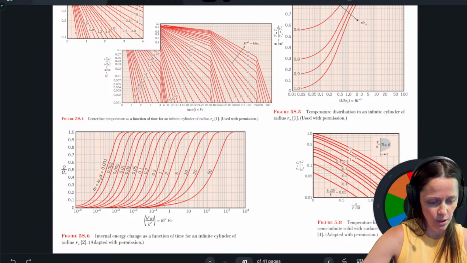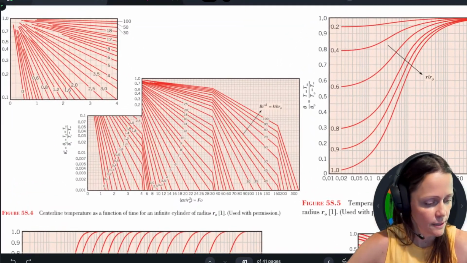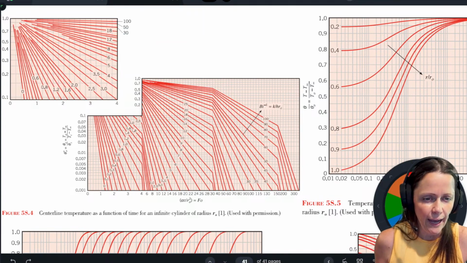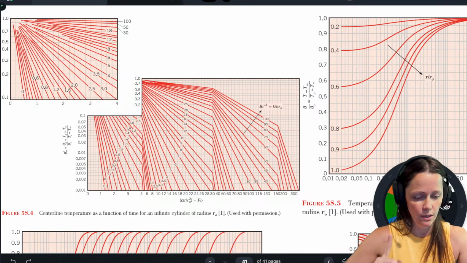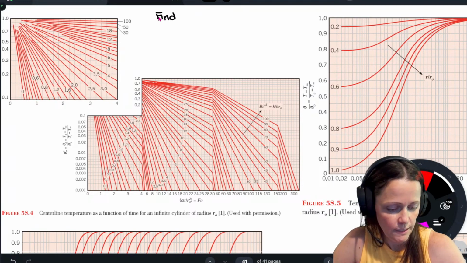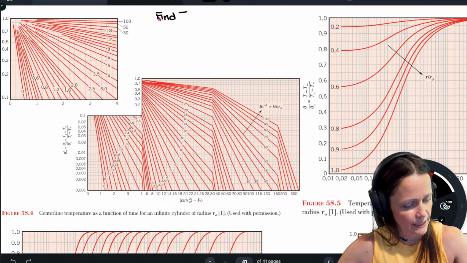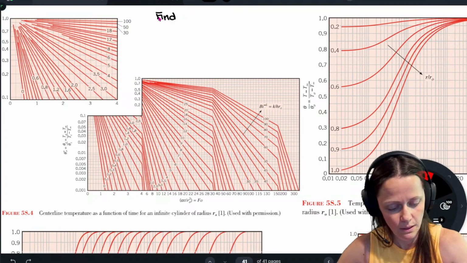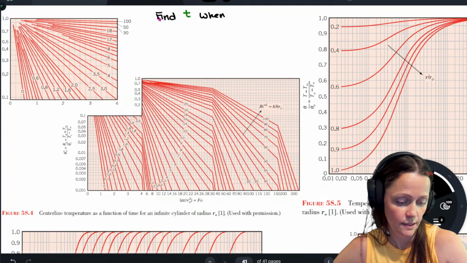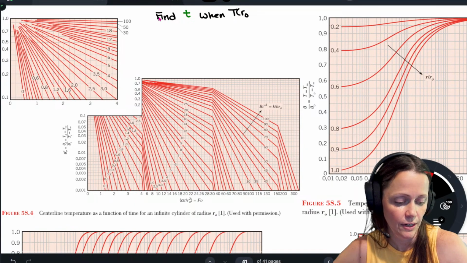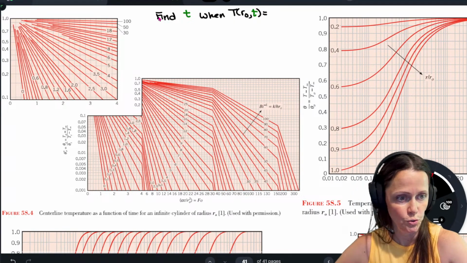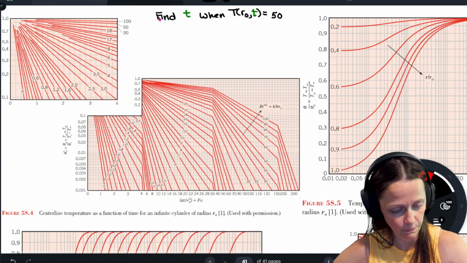Okay, so let's take a beat and think about what we were asked for before. We wanted to find the time when the temperature at R naught was equal to 500 Kelvin.